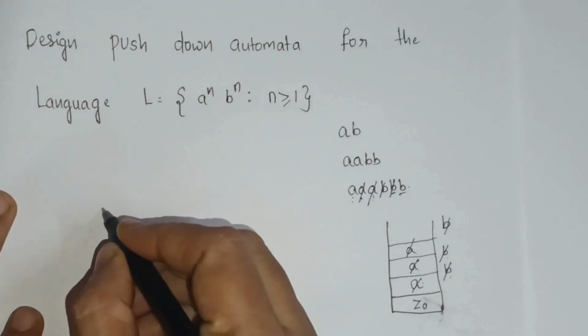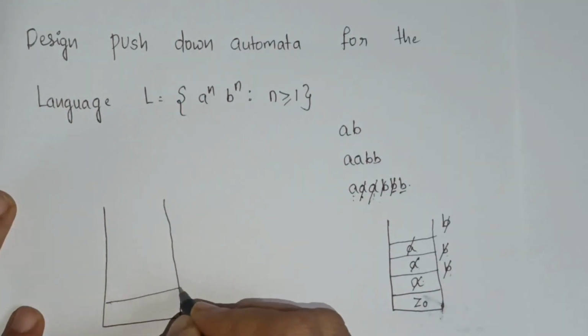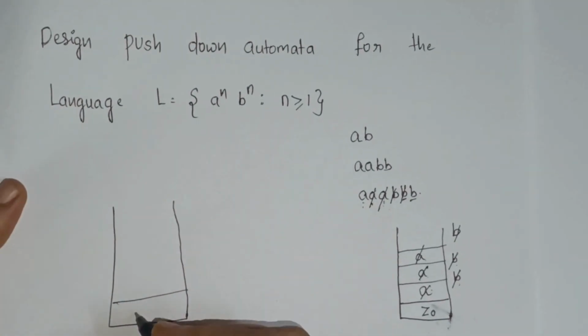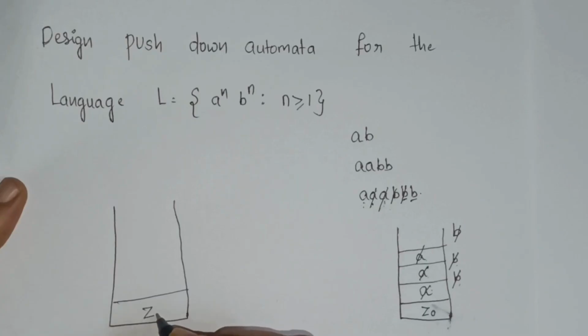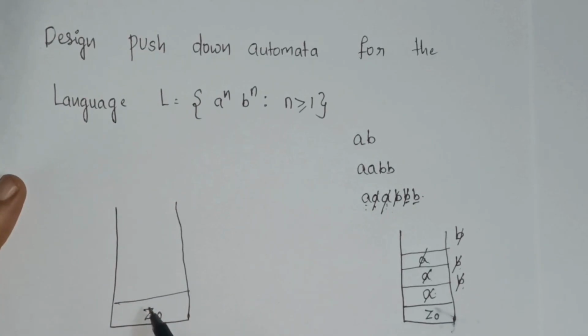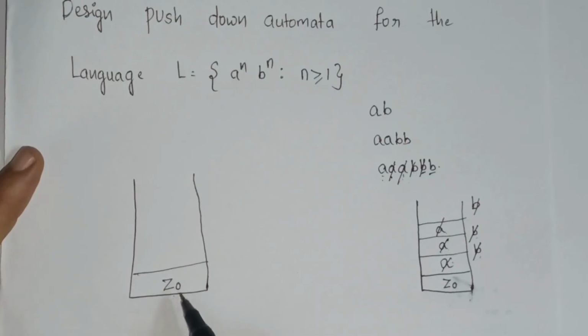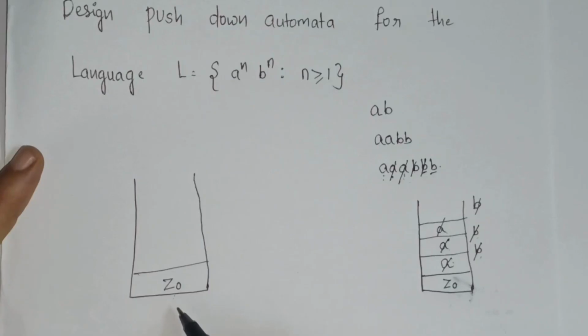Okay, so I have told you first the input symbol. If there are no input symbols in the stack, then there exists a stack symbol. We will call it Z0. If we reach Z0 we can tell that the stack is empty. Like in a C program in data structures, if top value is -1 it means the stack is empty.